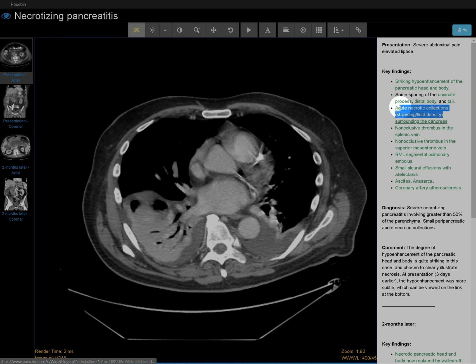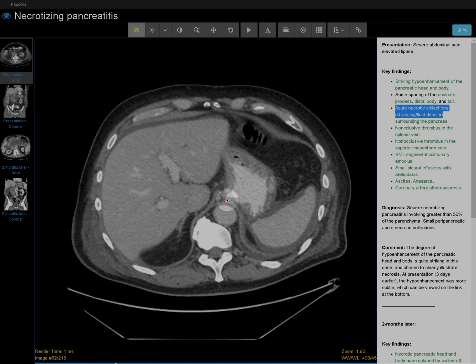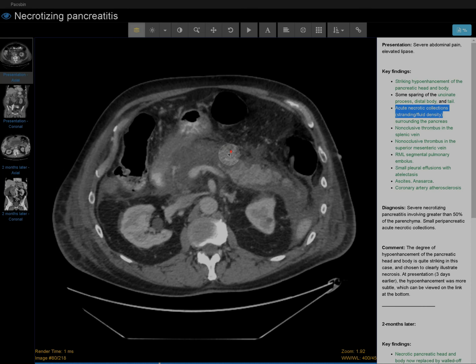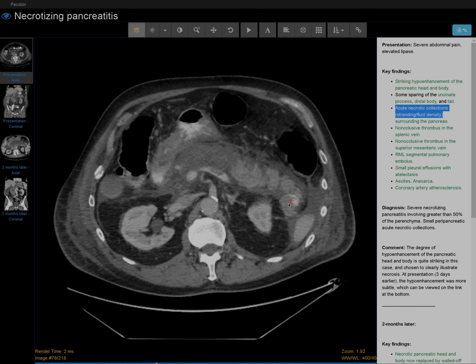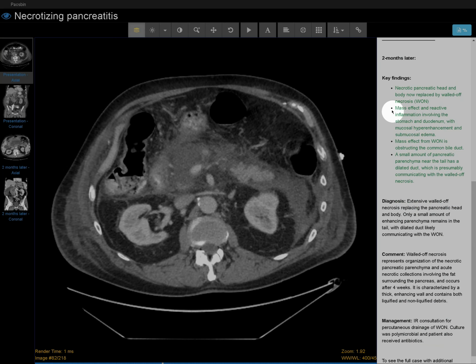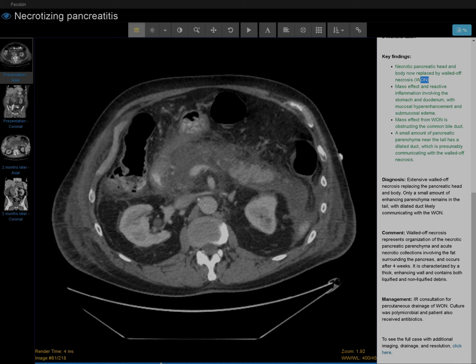Acute necrotic collection, I guess those are probably somewhere around here. There's all this fluid around here too. Let's see, on the 2 months later, we do see this walled-off necrosis. Yeah, so these are the findings. Thanks for watching my video.